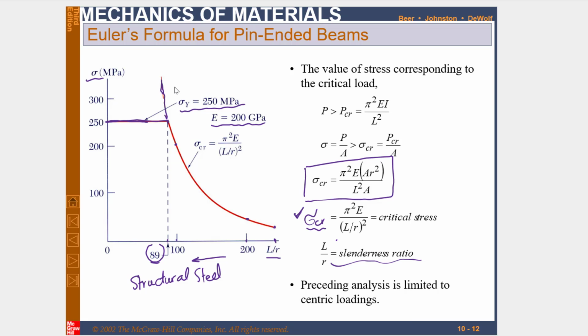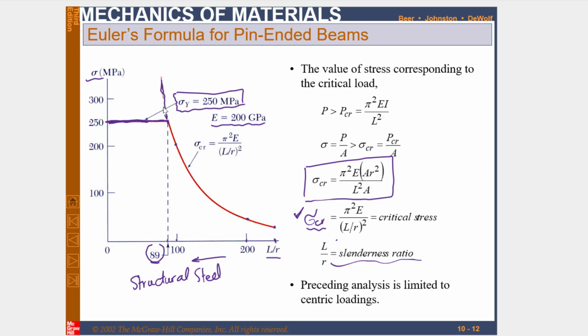So this value is of no matter. If you further reduce the slenderness ratio, the strength will increase, but this value will be of no use. It means that your maximum strength should be the yield strength. Clear? Because you also have to check that it is not exceeding the material property.